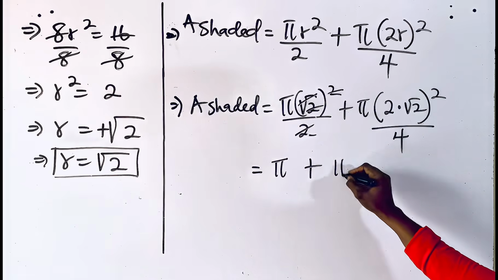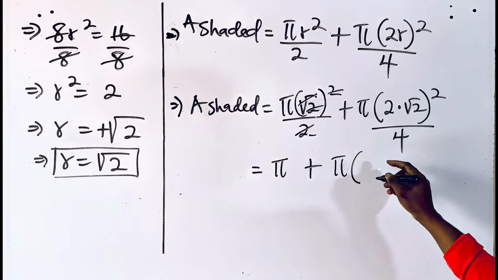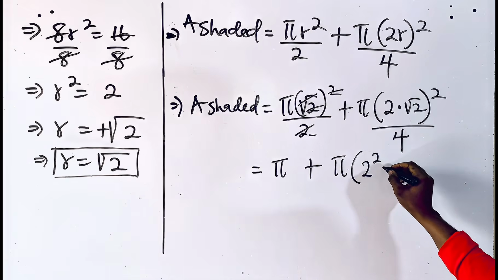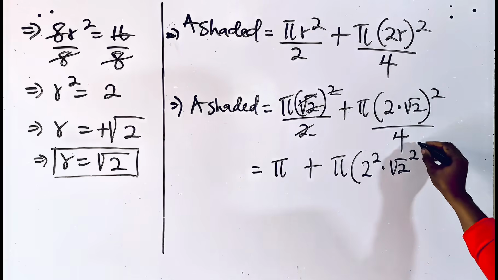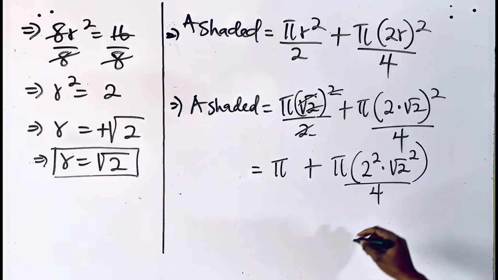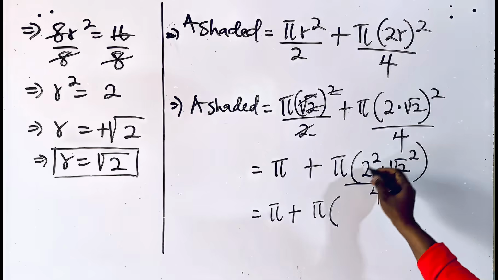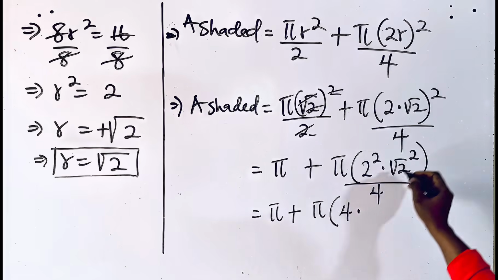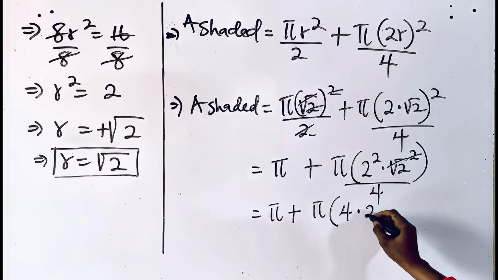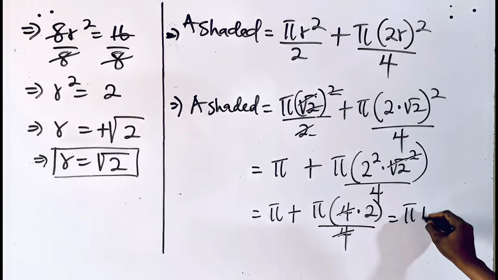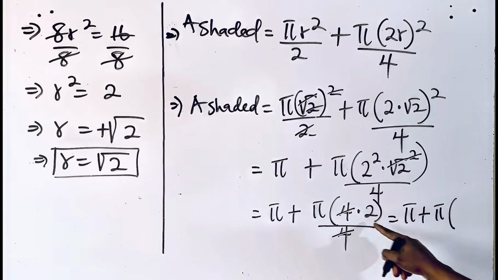For this, we have pi into 2 squared multiplied by root 2 squared divided by 4. And that gives us pi plus pi into 2 squared, which is 4, times 2, divided by 4. Then 4 divided by itself gives you 1. And that gives us pi plus pi into 2.